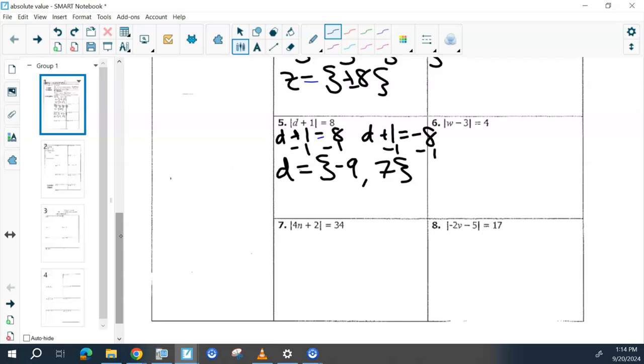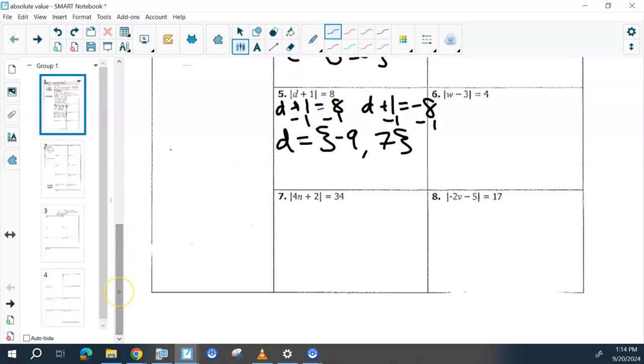Questions on that? Okay. Now let's try number 7. No, because these aren't the same number. If they were the same number, yes. For number 7, similar.